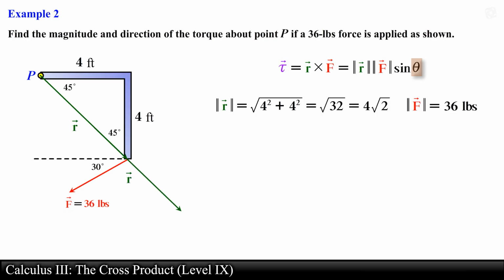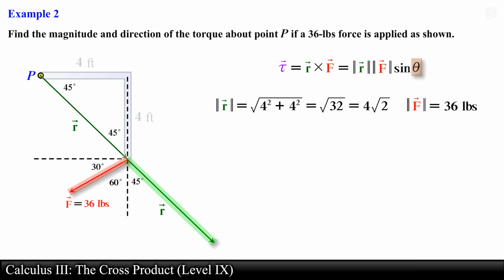Let's move the position vector forward so that its tail matches the tail of the force vector. Notice that we have vertical angles and complementary angles. By using geometry, the angle between the position vector and the force vector is going to be equal to 45 plus 60 degrees. So the angle between both vectors is 105 degrees.